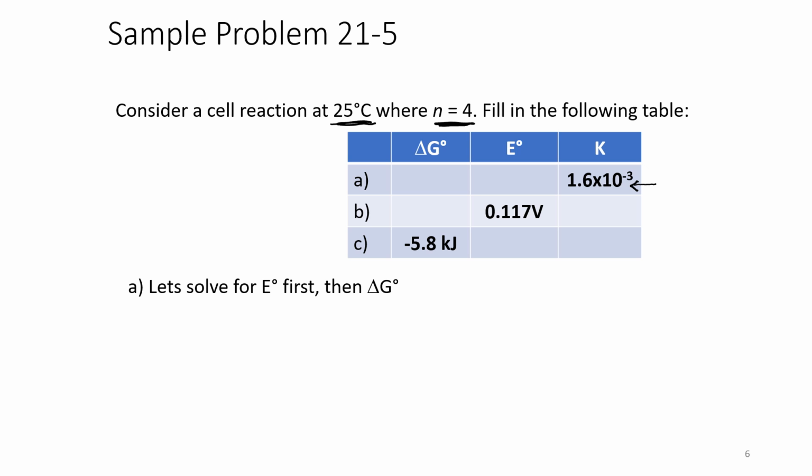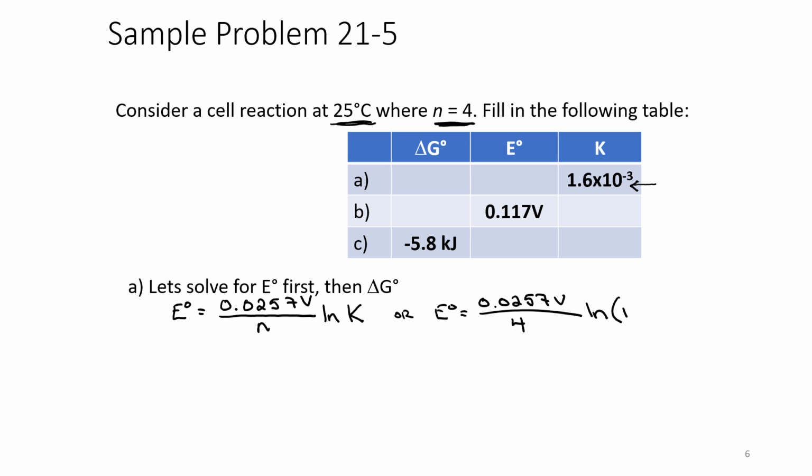So the relationship between our E naught and our K is that E naught is equal to, since this is at 25 degrees Celsius, RT over F, which is 0.0257 volts, divided by N times the natural log of K. So E naught is equal to 0.0257 volts divided by N, which is 4, given to us in the problem, times the natural log of K, 1.6 times 10 to the minus third.